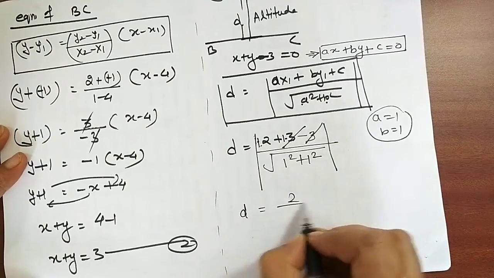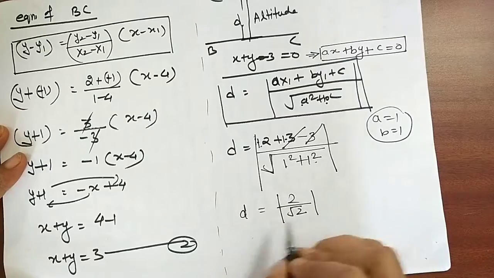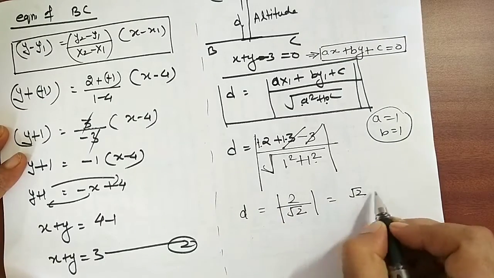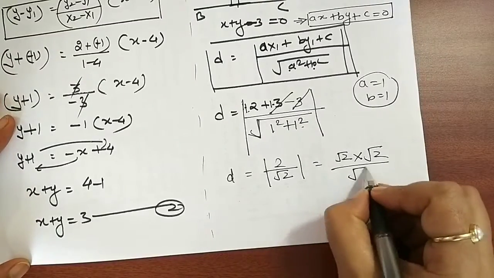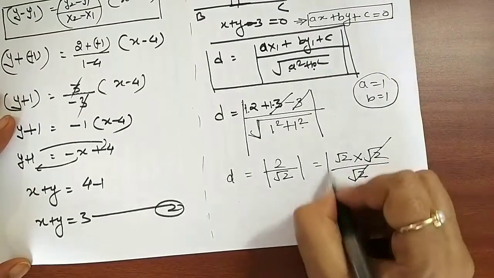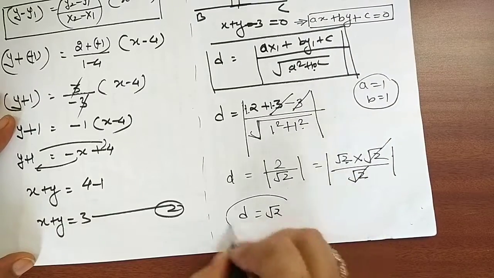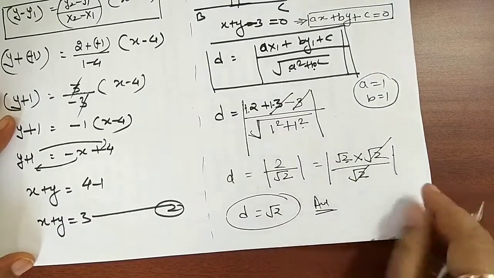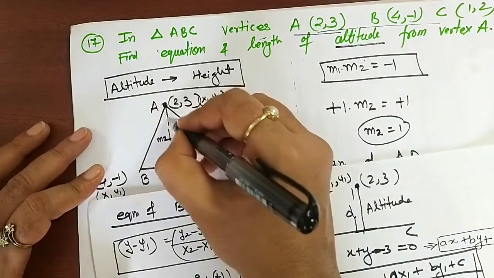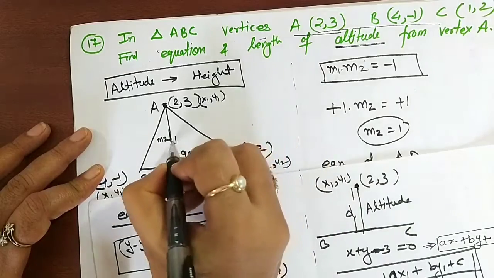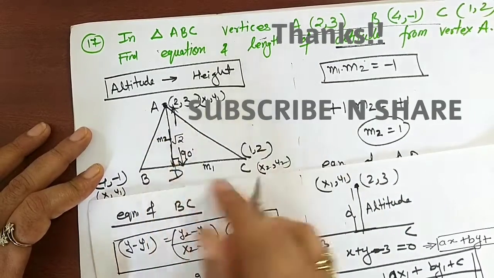D is equal to 2 by root of 1 plus 1, mod. Root 2 can I write, guys? Root 2 into root 2 by root 2. So this will cancel. Mod of root 2 is root 2 only. So this is my answer. So if I see in this diagram, the altitude of this is nothing but root 2 from here to here.